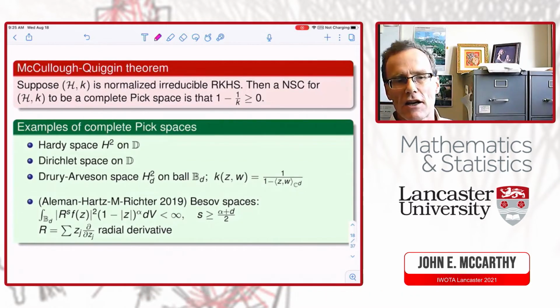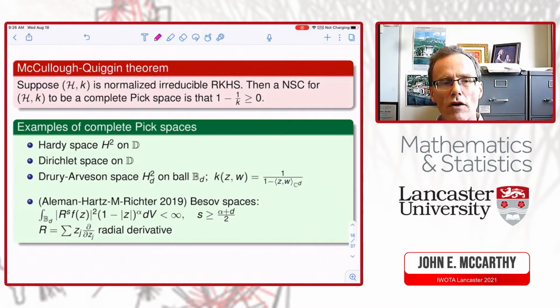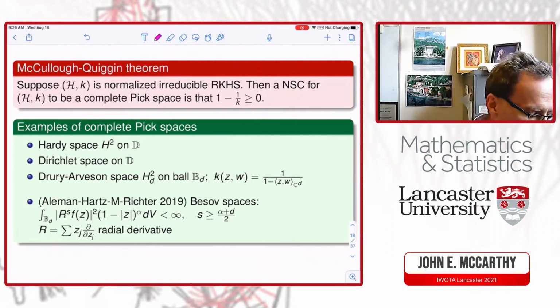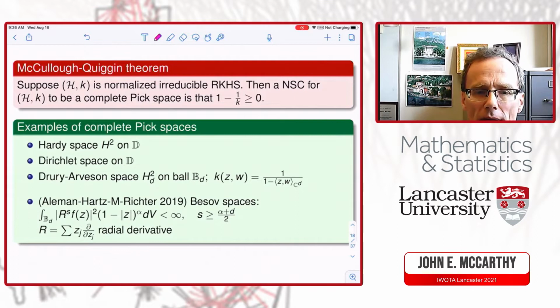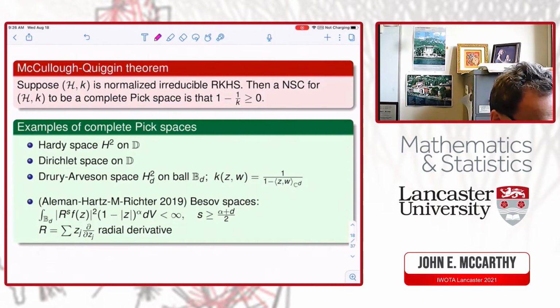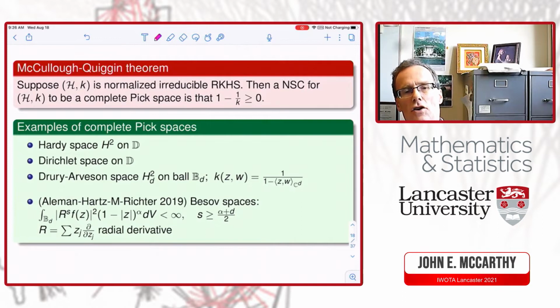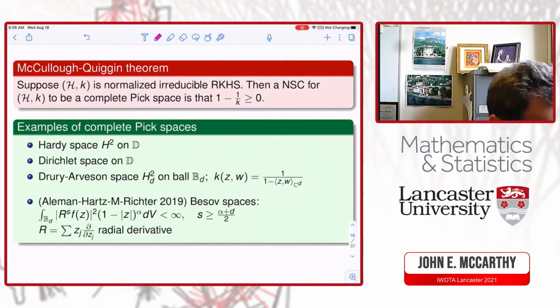So now that we have this nice characterization, do we have more examples? Well, we've already seen the Hardy space, the Dirichlet space and the Drury-Arveson space. There's an encompassing version of this, of various Besov spaces. So you look at holomorphic functions on the unit ball in C^d, and you take their radial derivative, sometimes called the number operator.